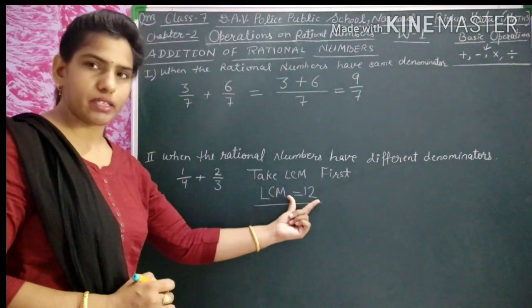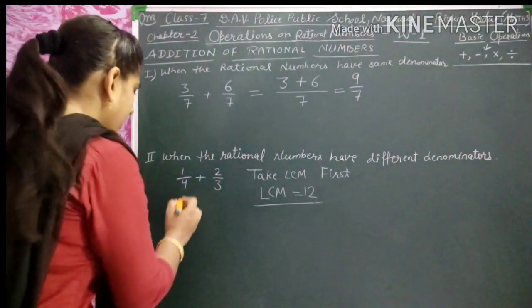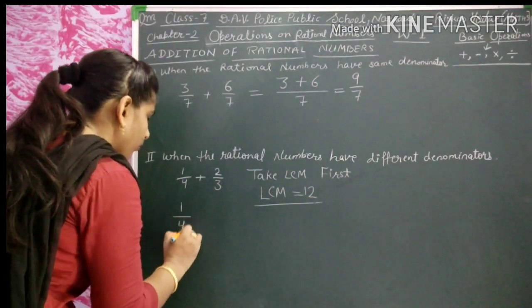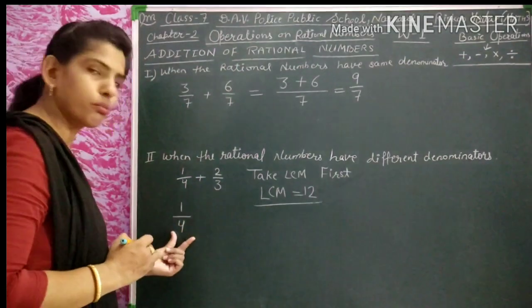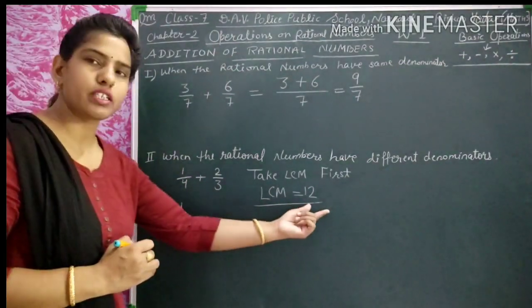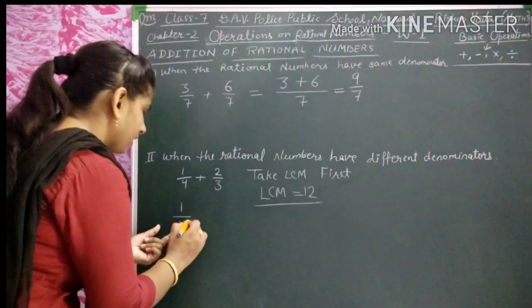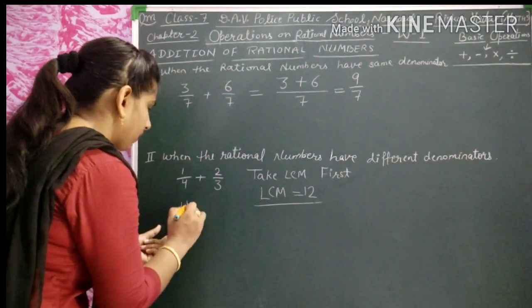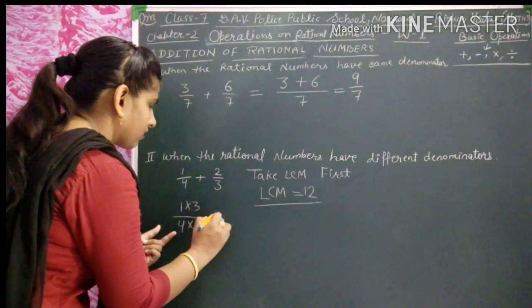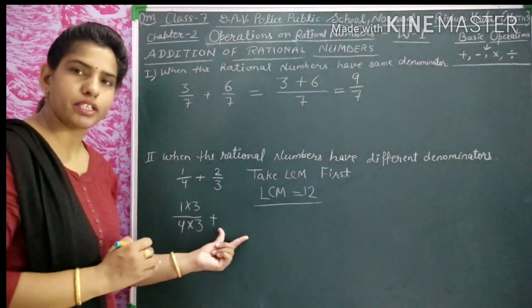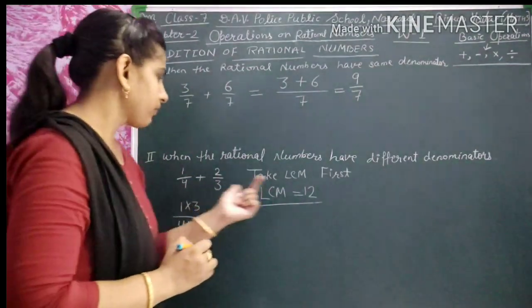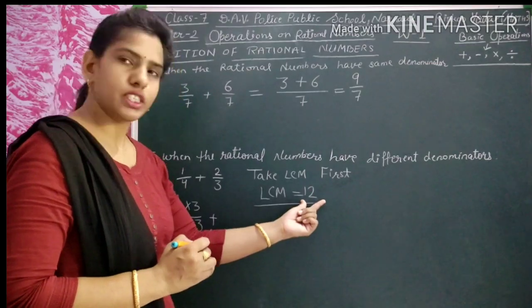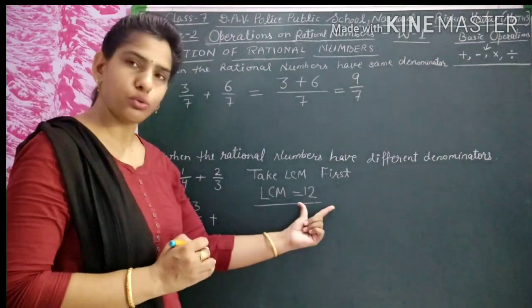The LCM is 12. See, 1 by 4: what number will you multiply here to become 12? This is 3, multiplied by 3. And for the next number, we have to change its denominator into 12.